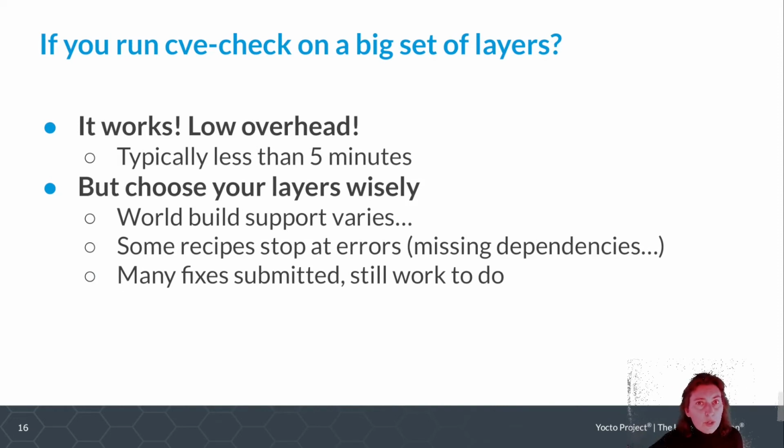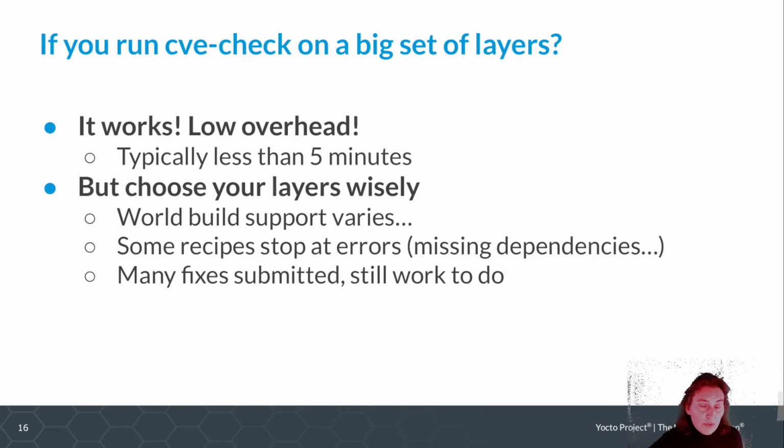Now, what happens if you want to try CVE-check on a big set of layers? It works, and it's pretty fast to do, typically 5 minutes. But it depends on the support of the world build of the layer you are checking.